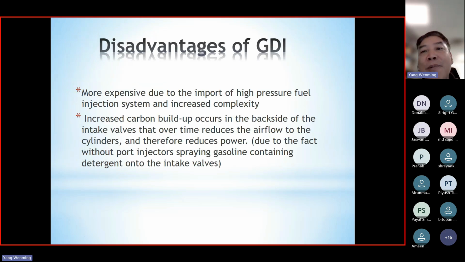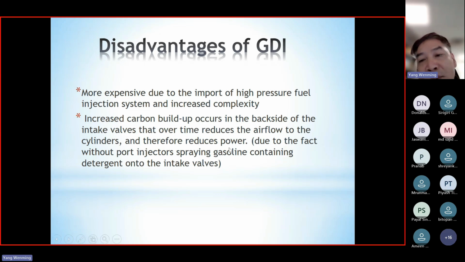However, GDI engines also have some disadvantages. For example, they are much more expensive than traditional gasoline engines, because we import a high pressure fuel injection system, correct? And this increases the complexity. The second major shortcoming is increased carbon build-up on the backside of the intake valves, which over time will reduce the airflow to the cylinders, and therefore reduce the power.